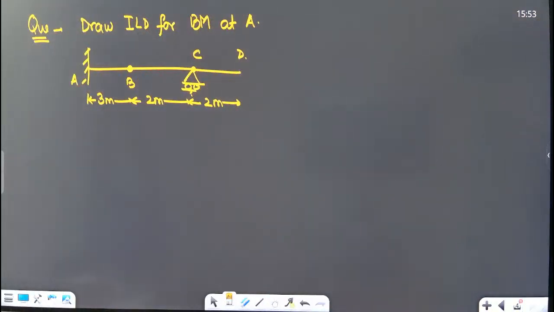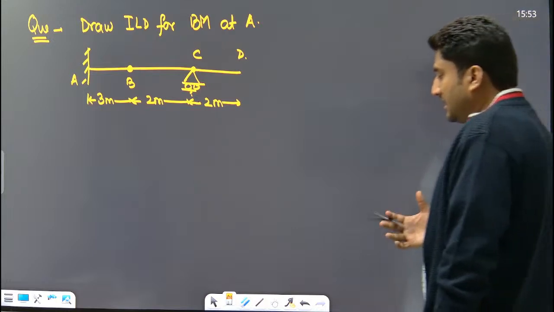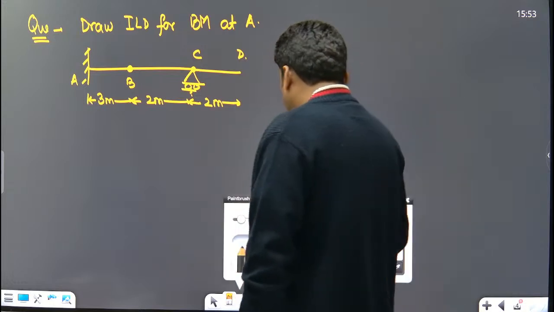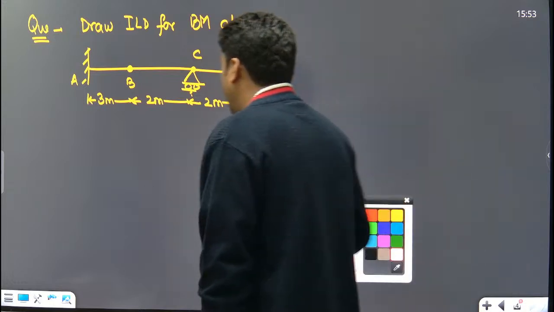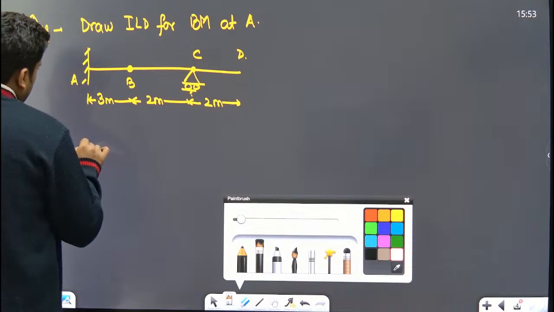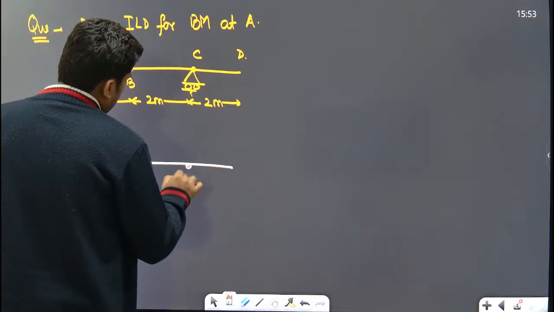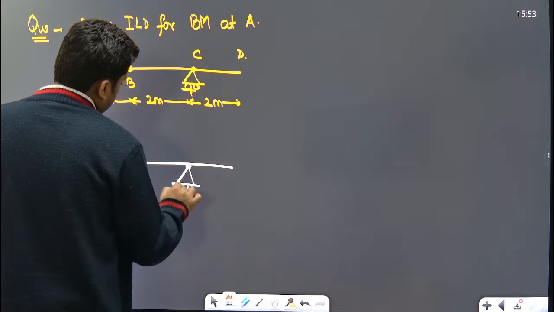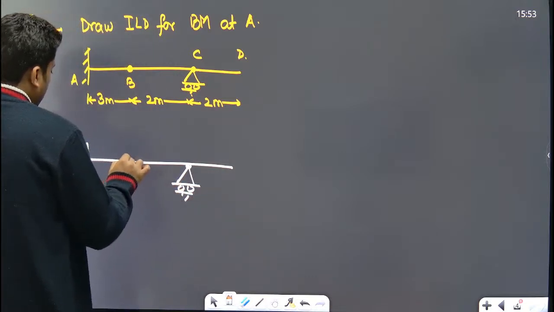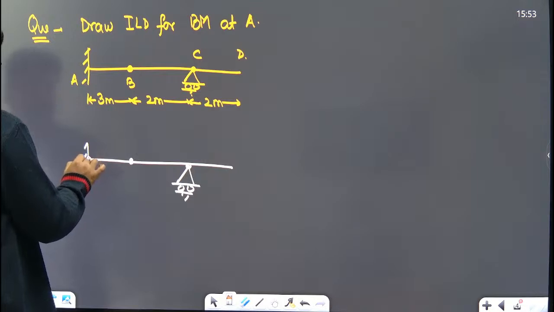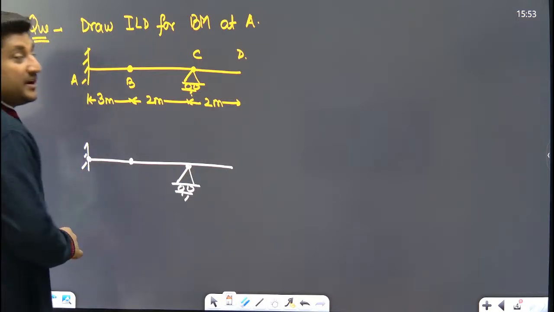This is the question. Now, as per our concept, we will assume an imaginary hinge at A, since we need this. Now we will give a unit rotation.